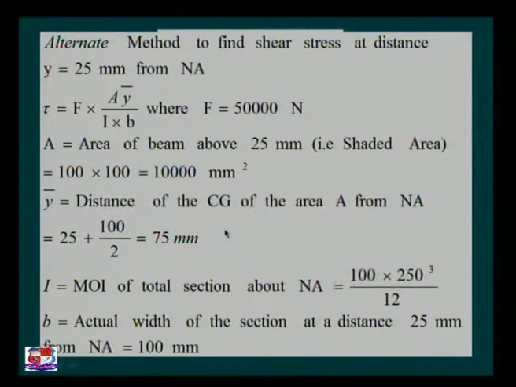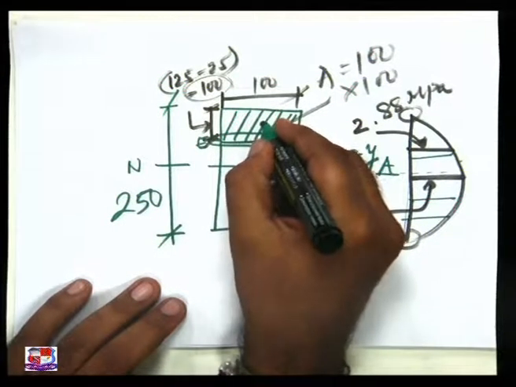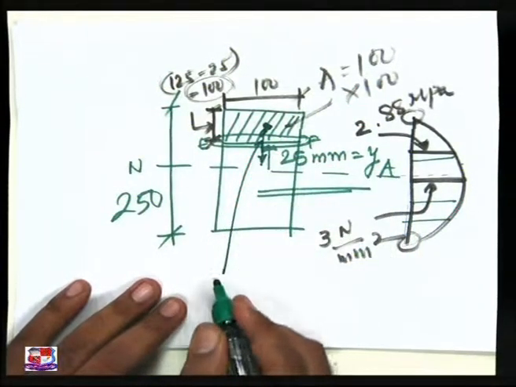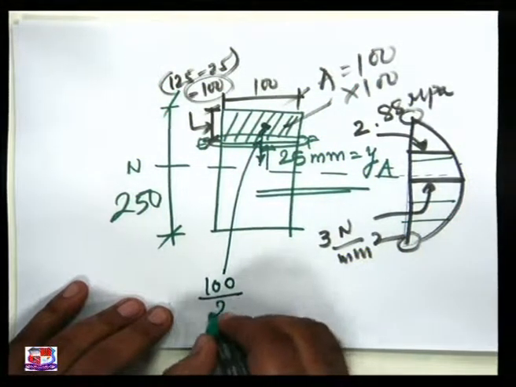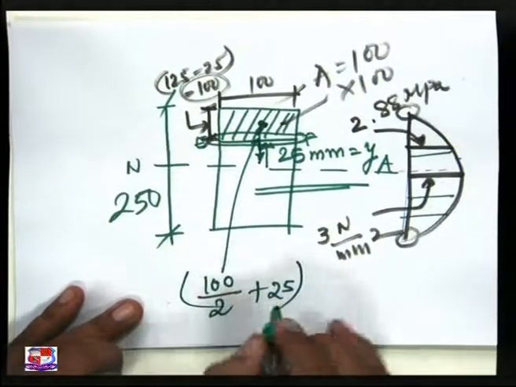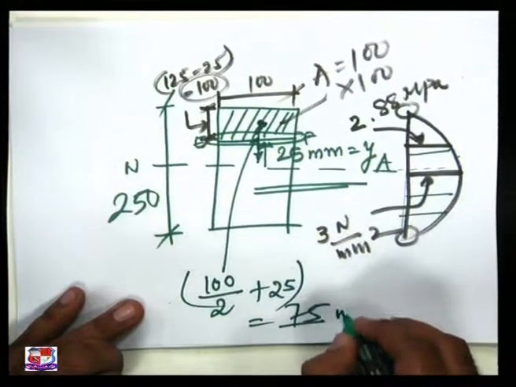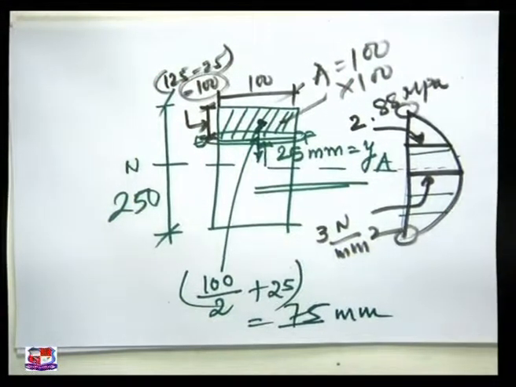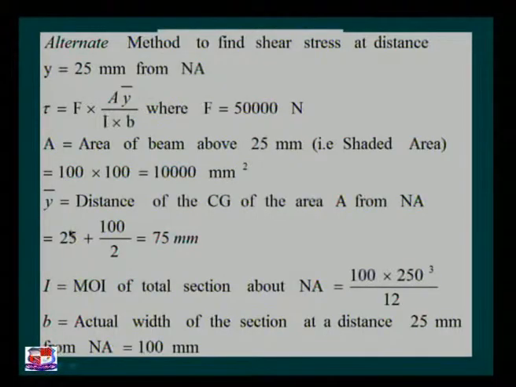Y bar is the distance of the CG of the area A from the neutral axis. Now for this figure on this tabletop, this is the CG to this distance. It is nothing but 100 by 2 plus 25, and that is 75 mm. So y bar, that is distance of the CG of the area from the neutral axis, is 75 mm.